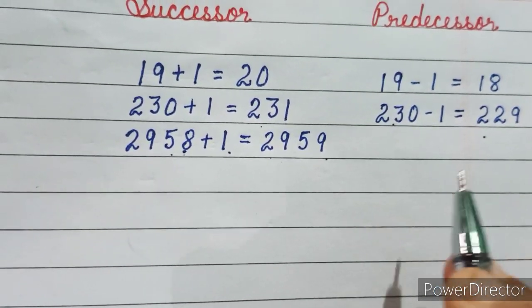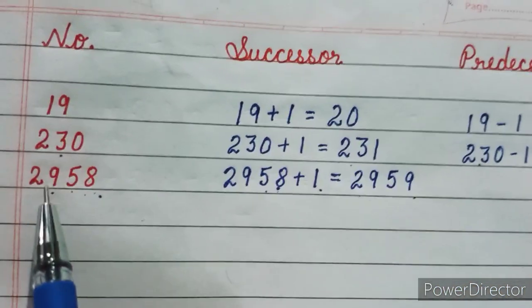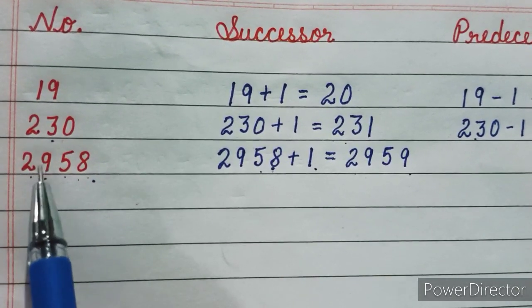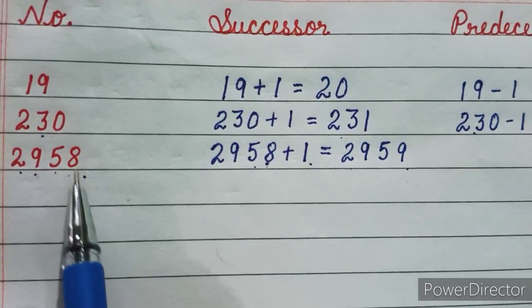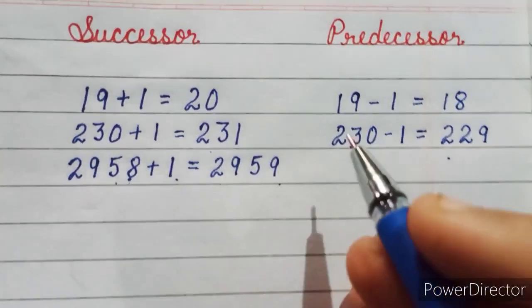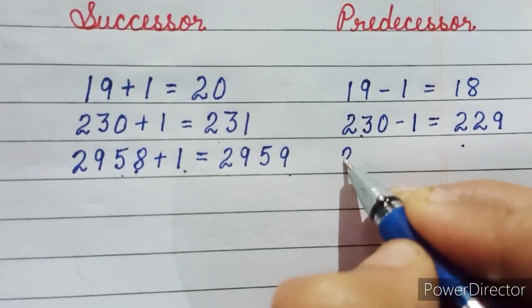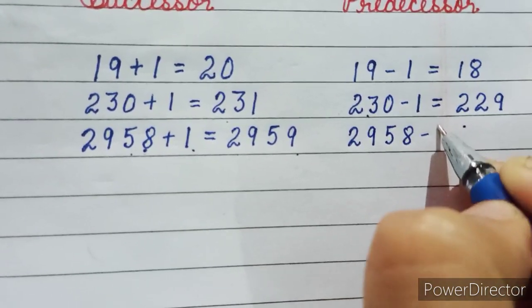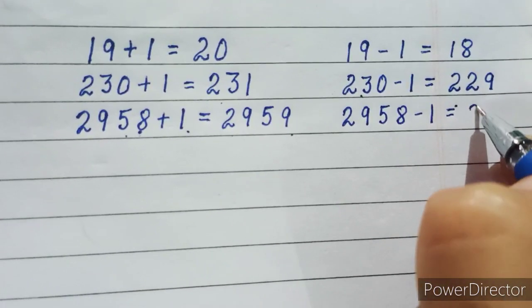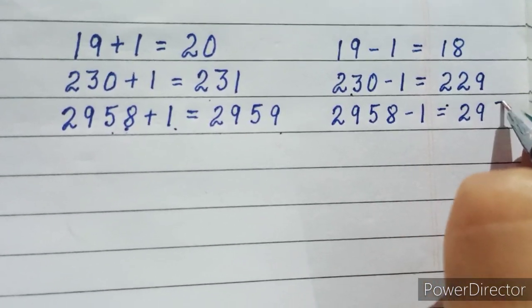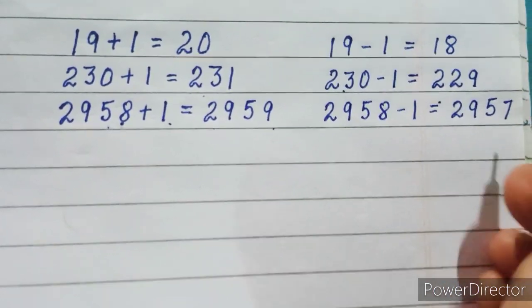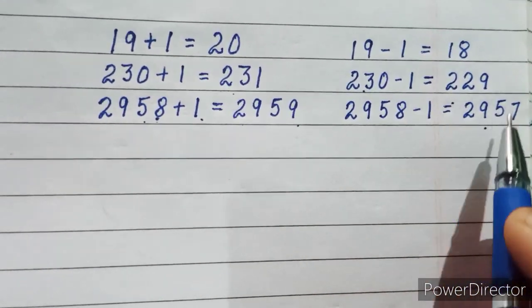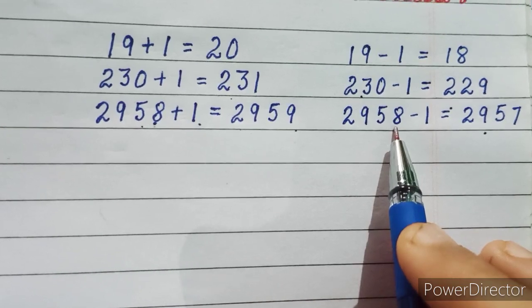Okay. Example 3. The given number is 2958. If 1 is subtracted from 2958, the answer is 2957, which is the predecessor of 2958.